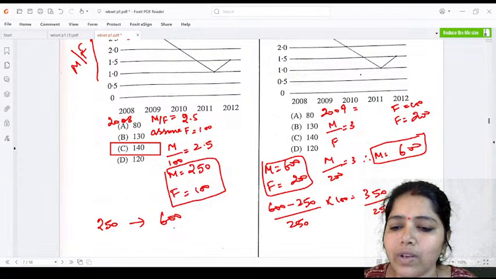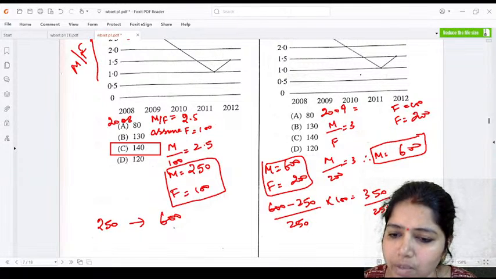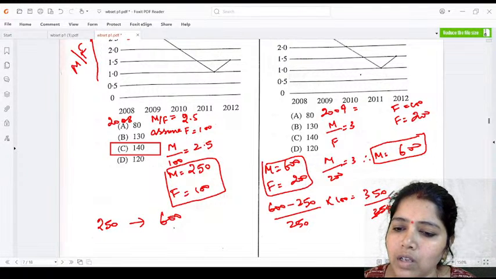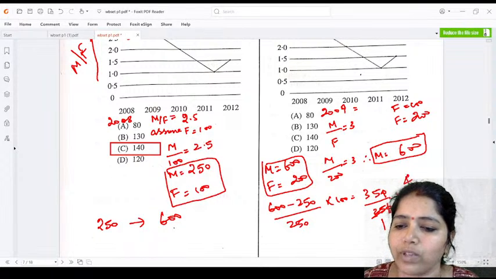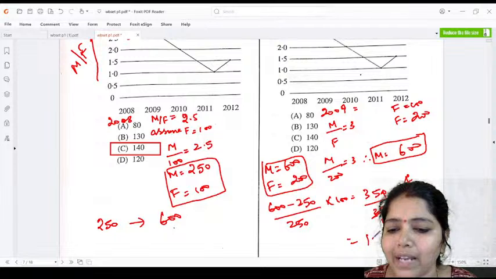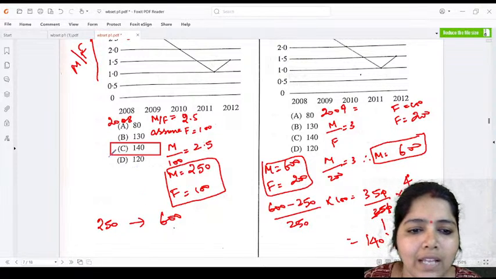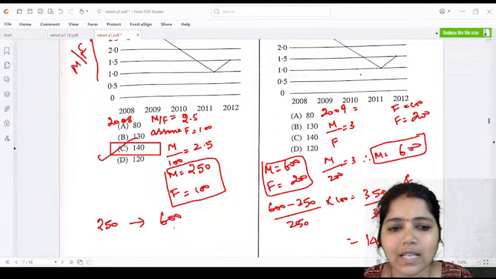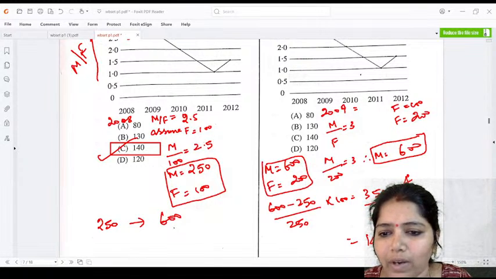The zeros get cancelled. This goes 1 time, this goes 4 times, so when I multiply, I get 140. The right answer is 140%. Yes, learners, the right answer for this question is 140.